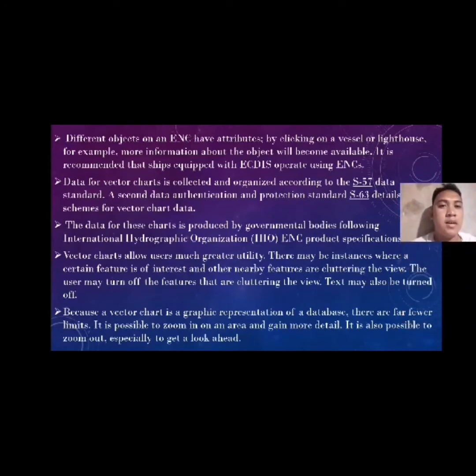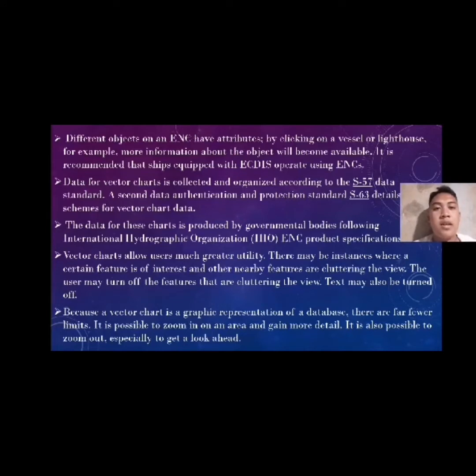Vector charts allow the user much greater utility. There may be instances where a certain feature is of interest and other nearby features are cluttering the view. The user may turn off the features that are cluttering the view. Text may also be turned off.